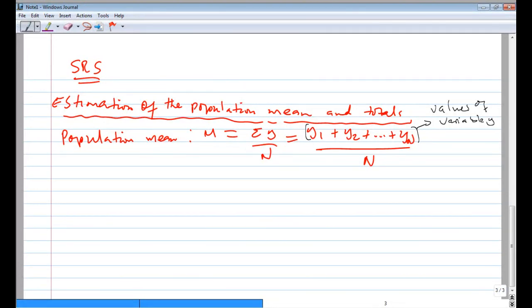The one in the numerator are values of random variable y, and this one, big N, represents the population size.